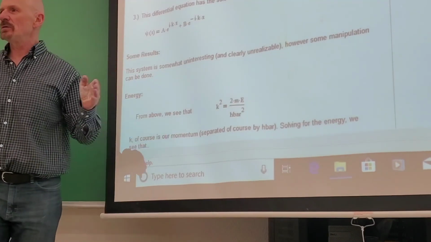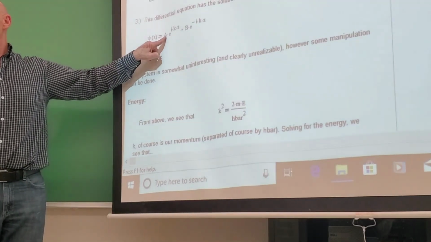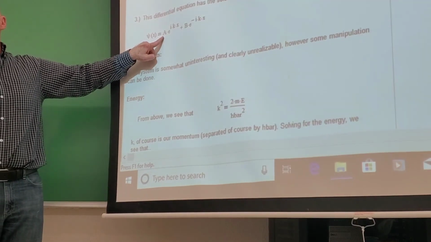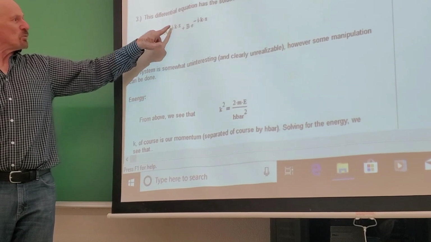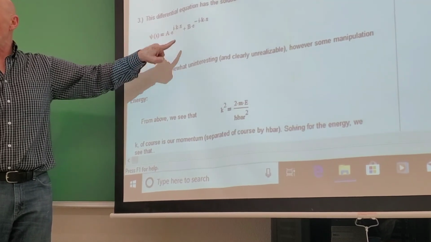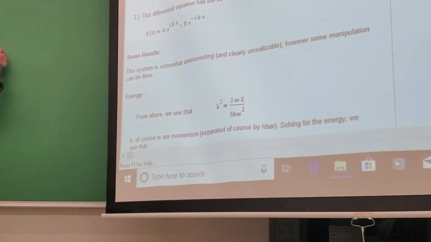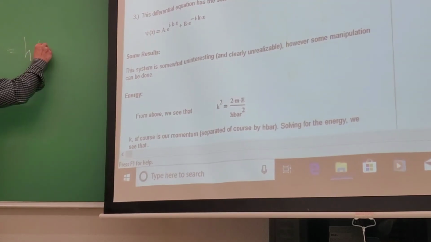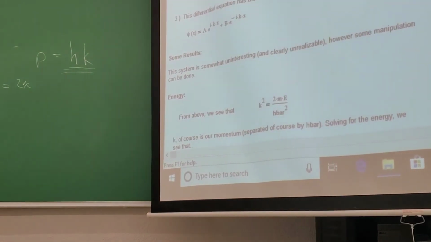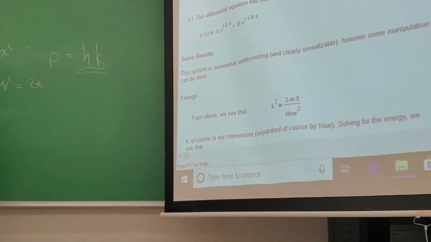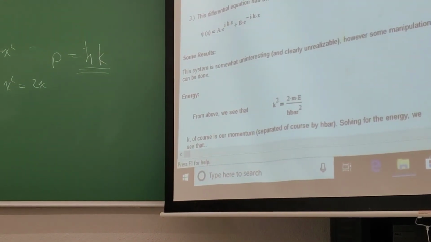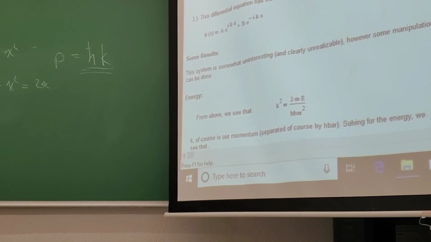Because of the orthogonality, A will be the probability of having the particle going forward, B the probability going in reverse. Remember, K is associated with momentum through h bar K, so h bar K is the momentum. So K is not directly the momentum, but it is a surrogate for it.